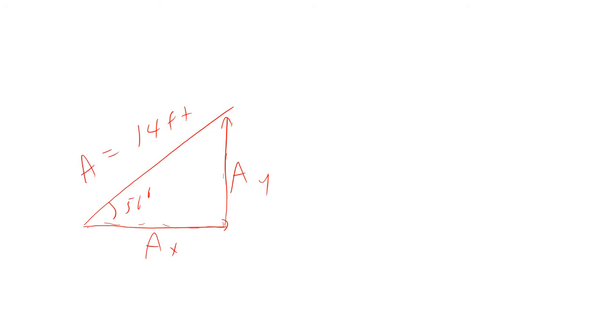And so we could write vector A, which is the sum of the two, as the x part in the i direction and the y part in the j direction. So we would write this vector A as 14 feet at an angle of 50 degrees, and this 50 degrees is counterclockwise from the x-axis.